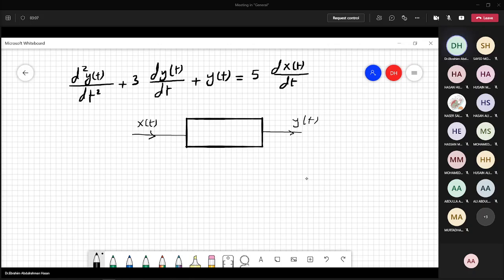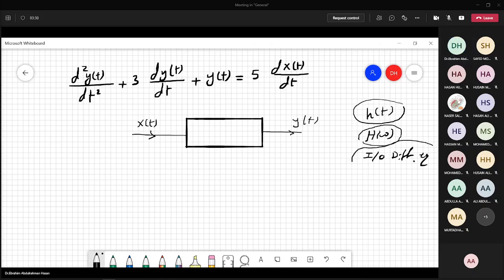So this system I can describe by h of t, the impulse response, or h of omega, the frequency response, or the input-output differential equation, or the transfer function h of s.